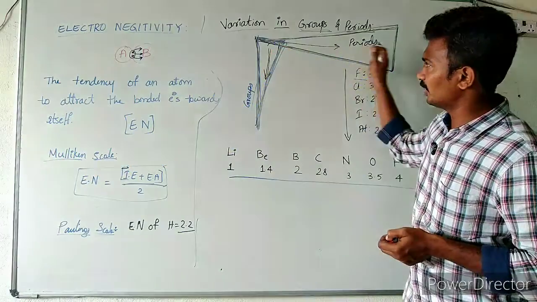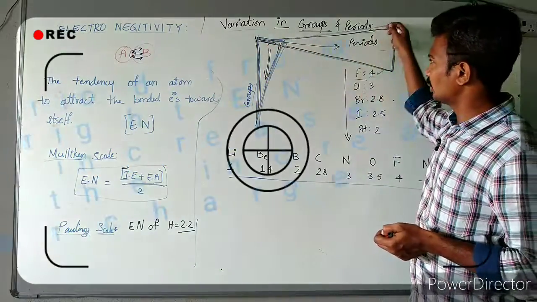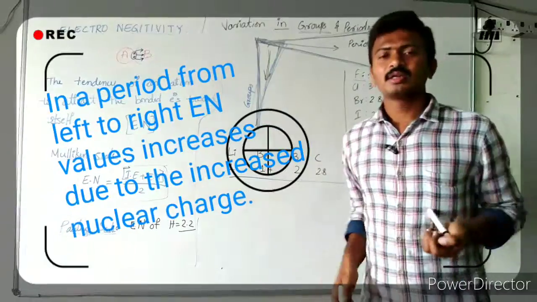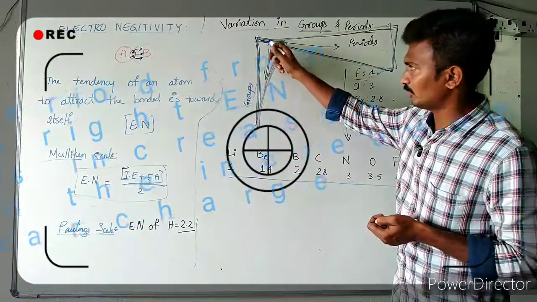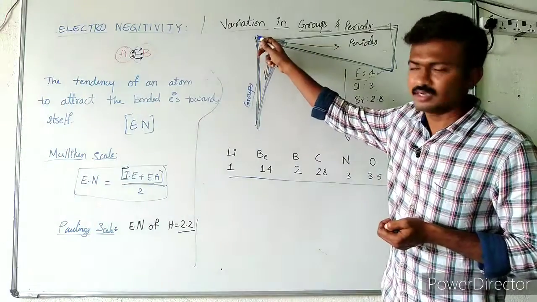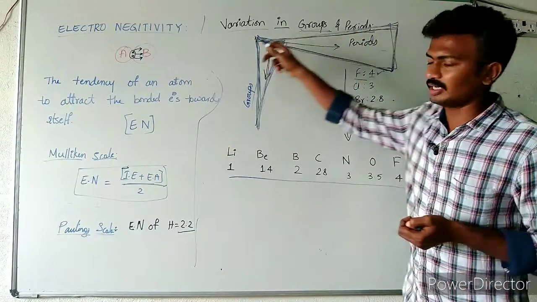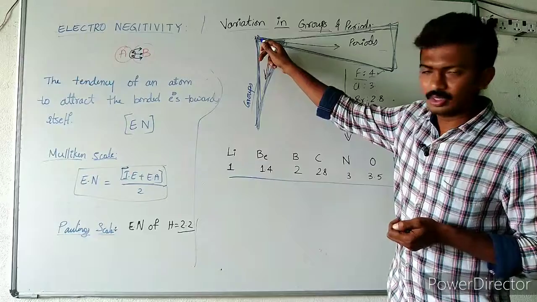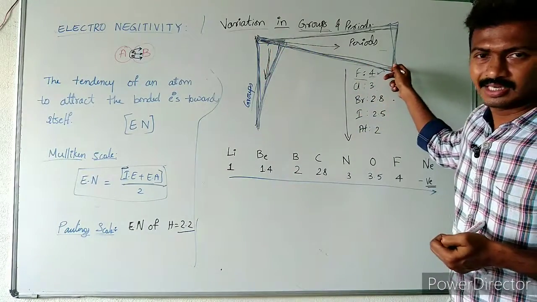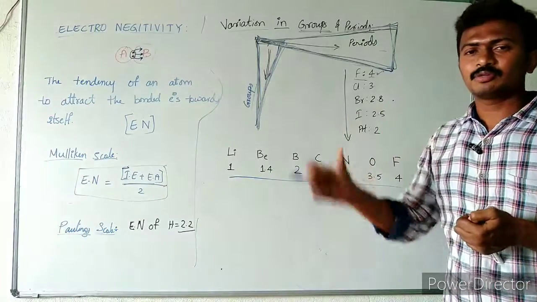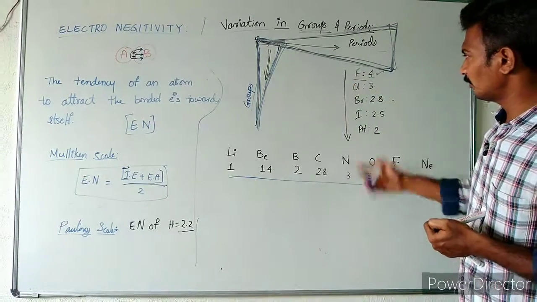And in the case of periods, the electronegativity values increase. This increase is due to the increase in nuclear charge. So it is low at the left hand side, and as we move to the right side, the values keep increasing.